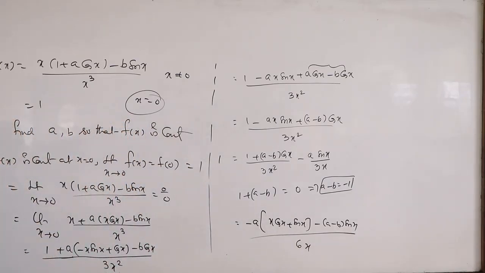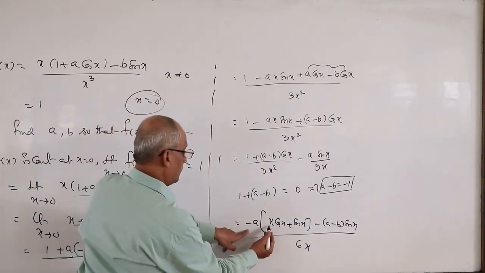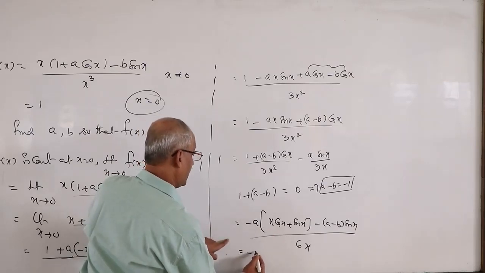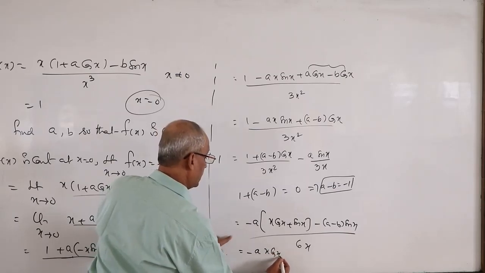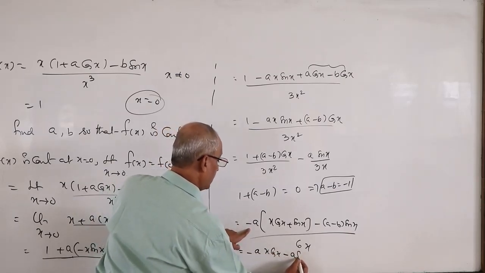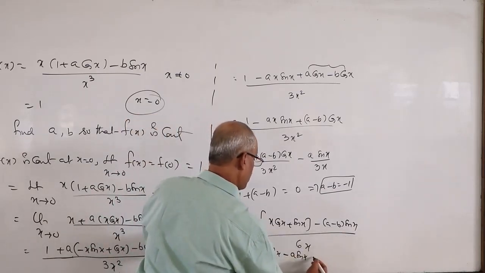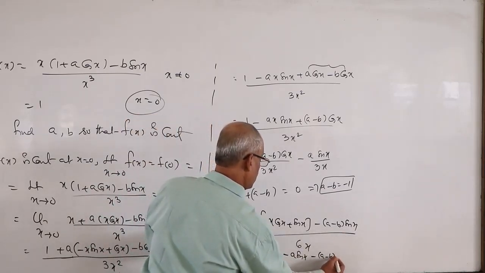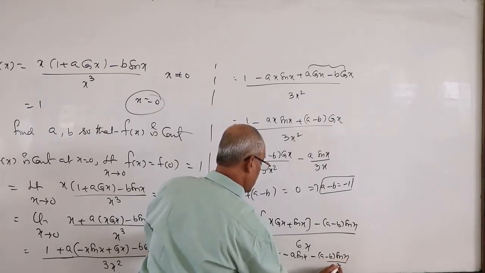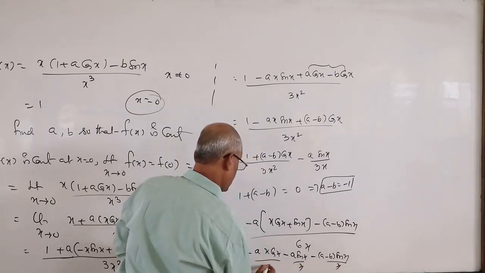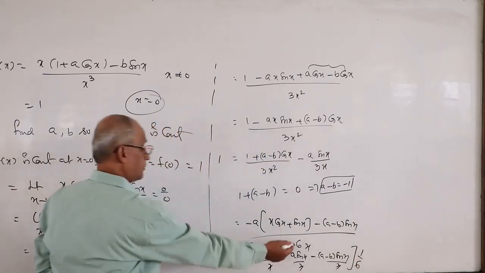Whole by 6x. Now you see here minus a x cos x minus a sin x minus of a minus b sin x, the denominator I will separate by x, by x, by x, outside 1 by 6 because it is outside.